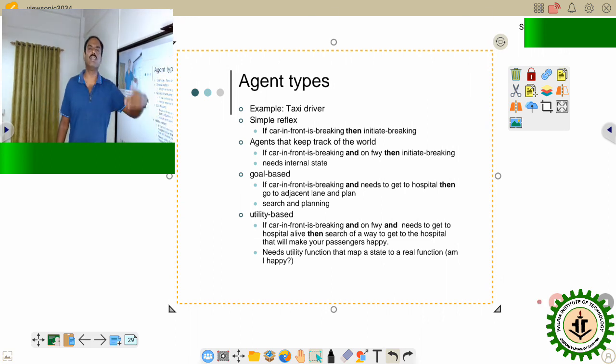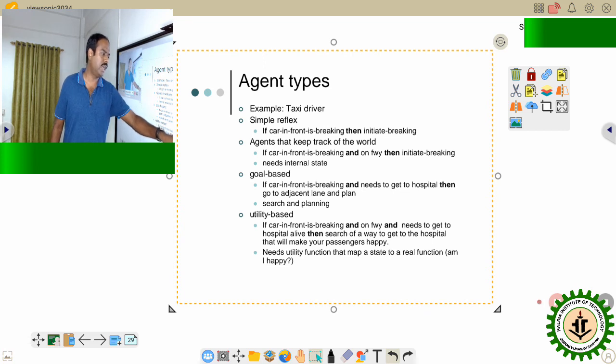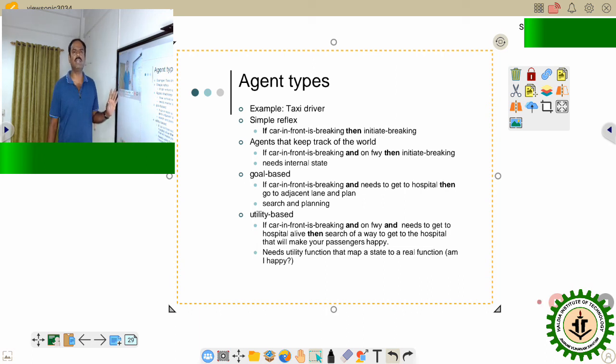That is my goal. Here, if car in front is braking and needs to get to hospital, then go to adjacent lane and overtake. That is my goal. And utility based: if car in front is braking and some condition holds, and needs to get to hospital alive, then search for a way to get to the hospital that will make the passengers happy. The same thing is discussed here with different conditions. So these are basically the different types of agents which can act accordingly.